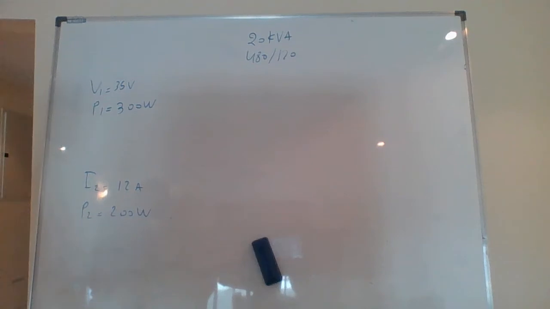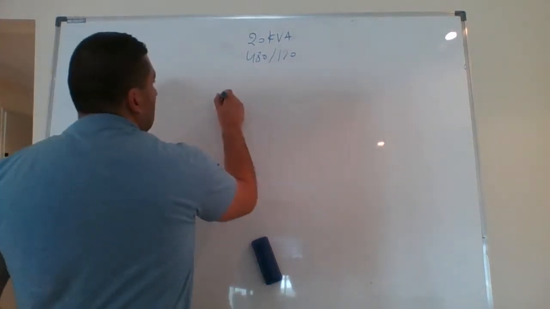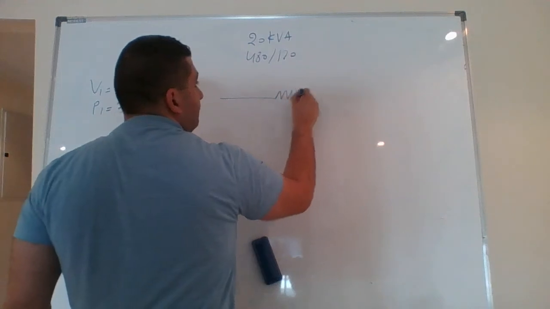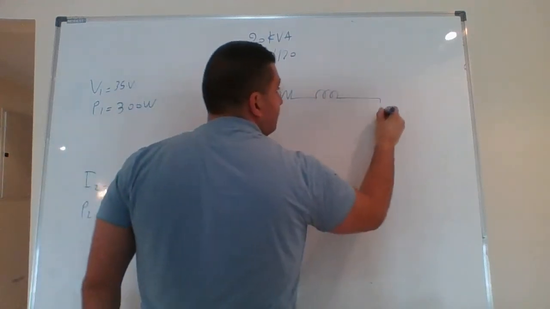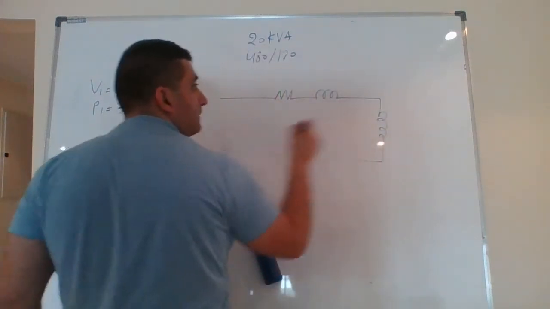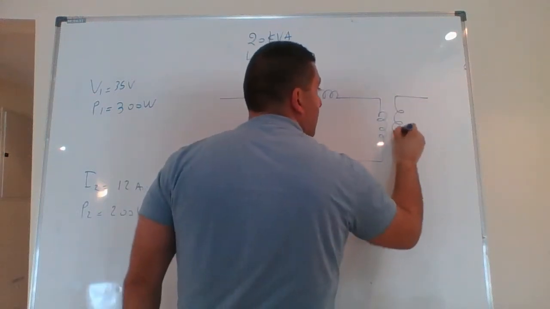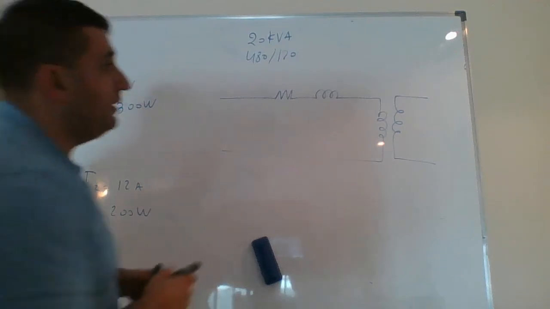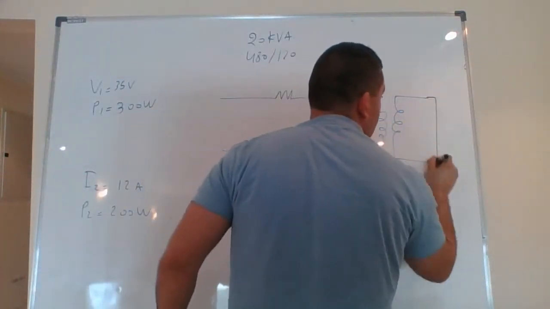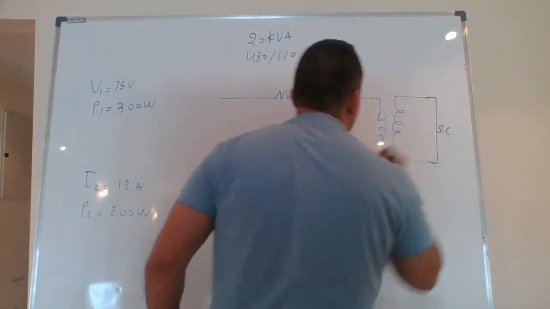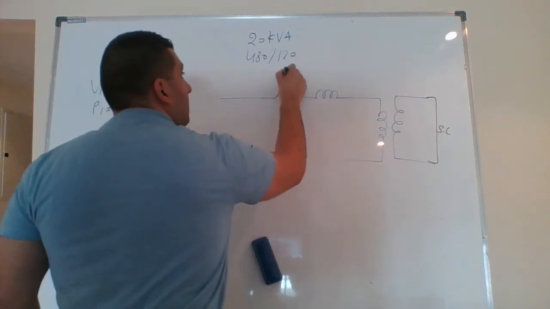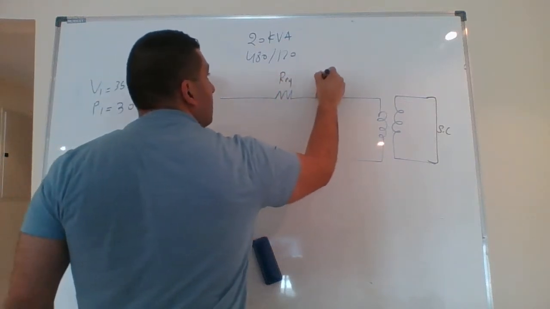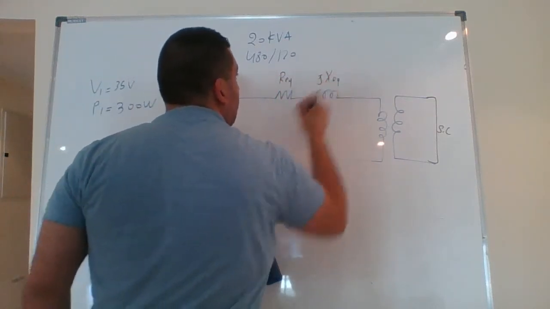If you remember the circuit that we did for a short circuit test, I have this, and I created here a short circuit. This is R equivalent, jX equivalent.